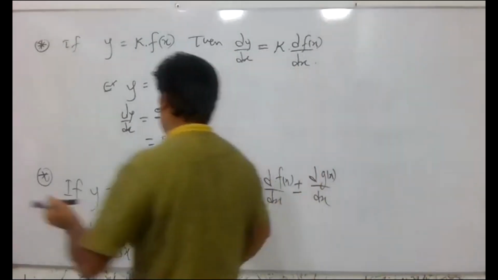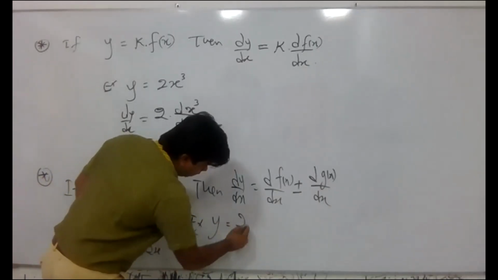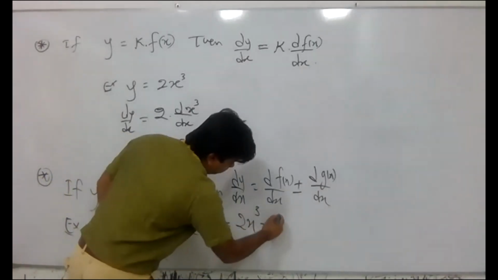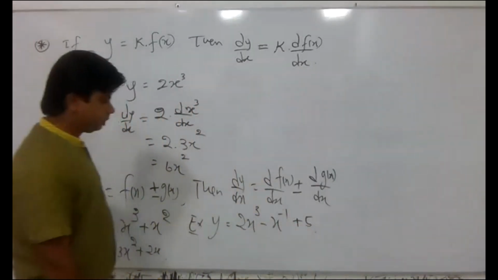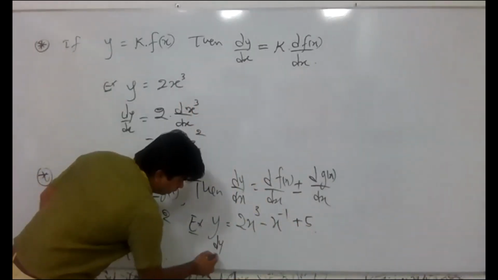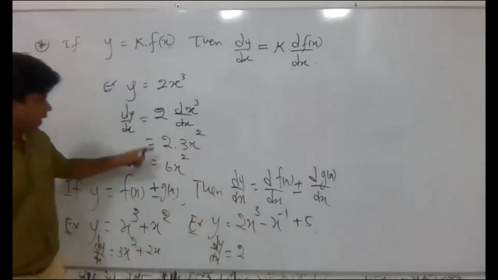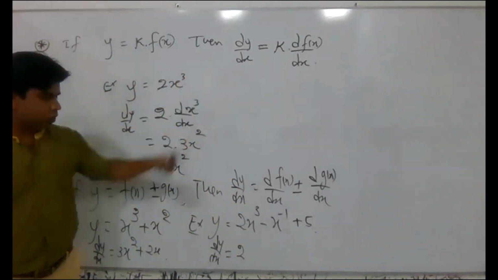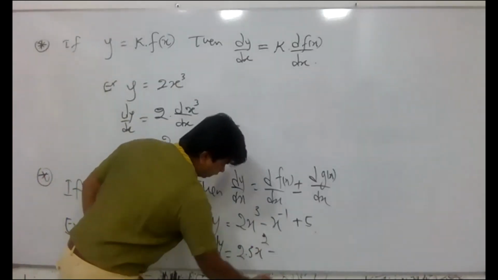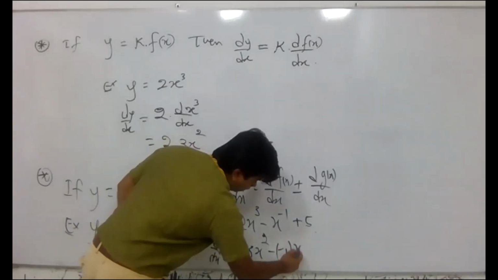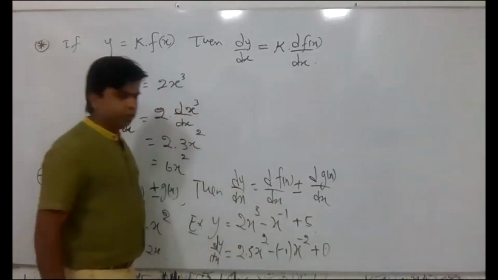Okay, now as another example, if we have y equals 2x to the power 3 minus x to the power minus 1 plus 5, then how do we differentiate? dy by dx equals, here you can apply this property. 2 into 3x squared minus minus 1 x to the power minus 2, and plus differentiation of 5, which is 0.